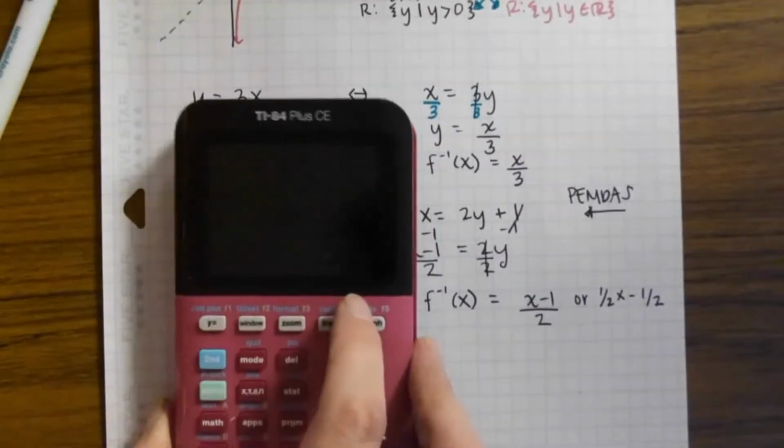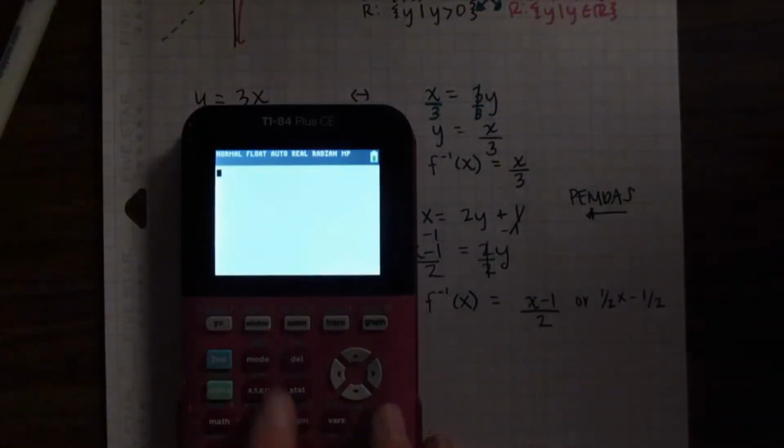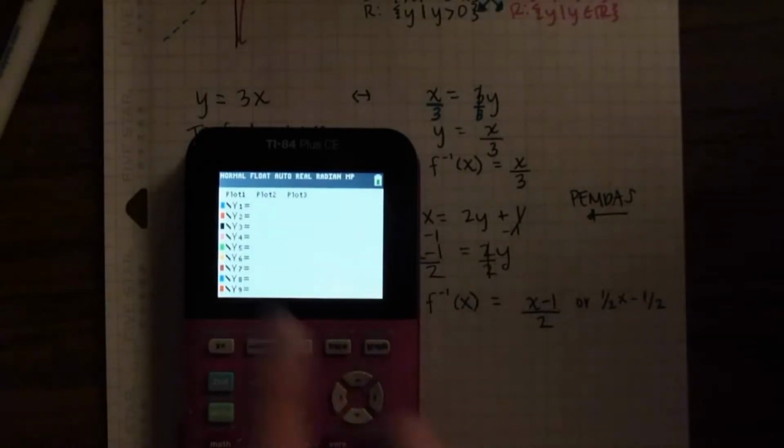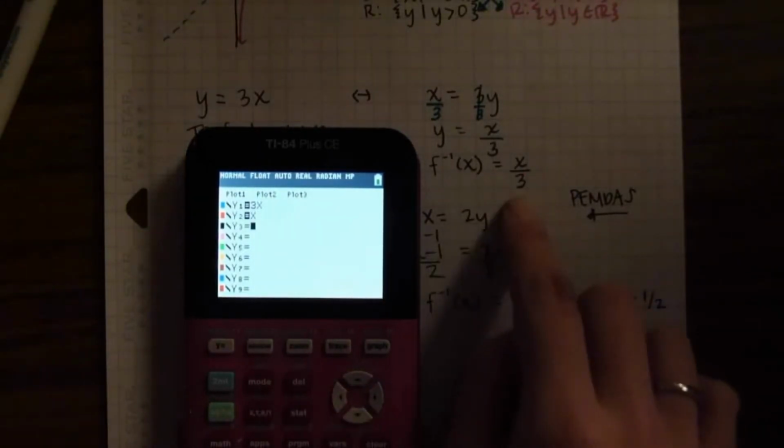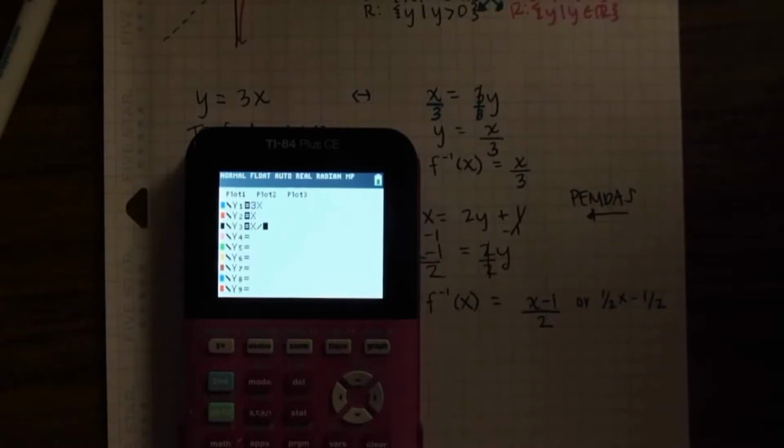So I'm going to double check with the first one first, and then I'll double check the second one. So if we take our handy dandy calculator and we go to y equals, let's plug in our original 3x. Let's plug in what we're going to reflect it over, which is x, and then let's plug in what we found, which is x over 3.